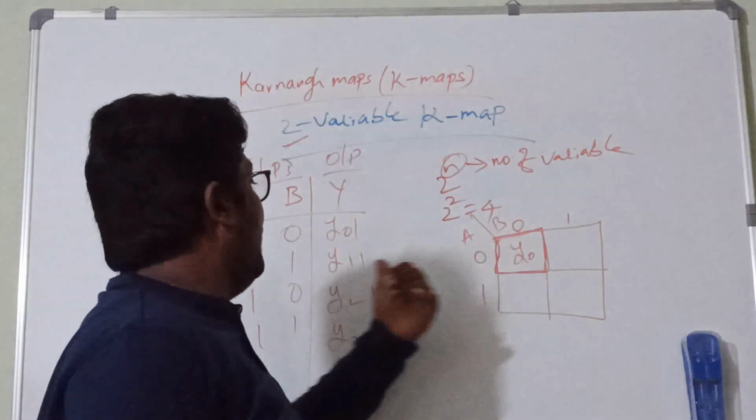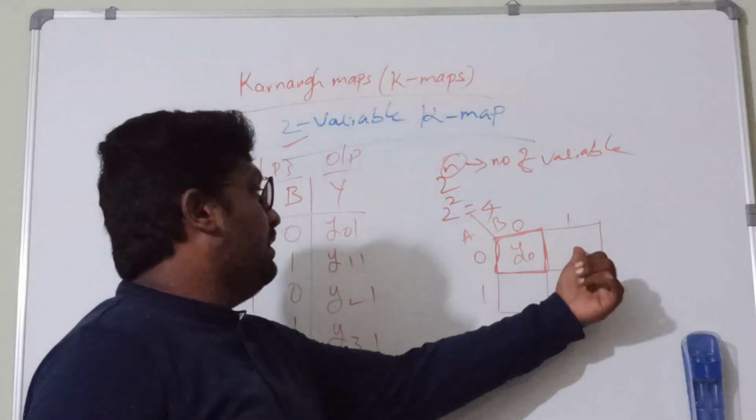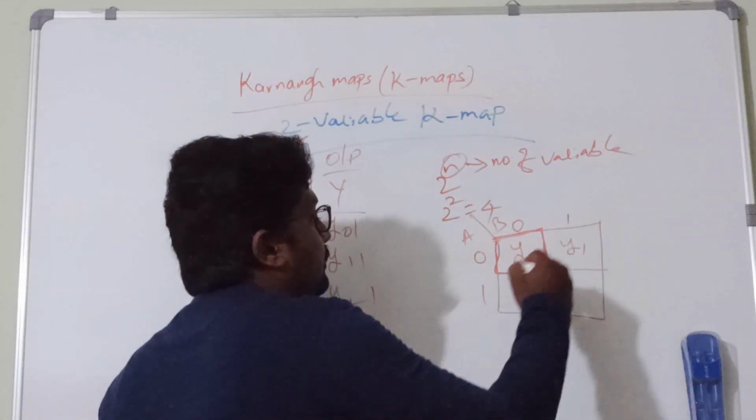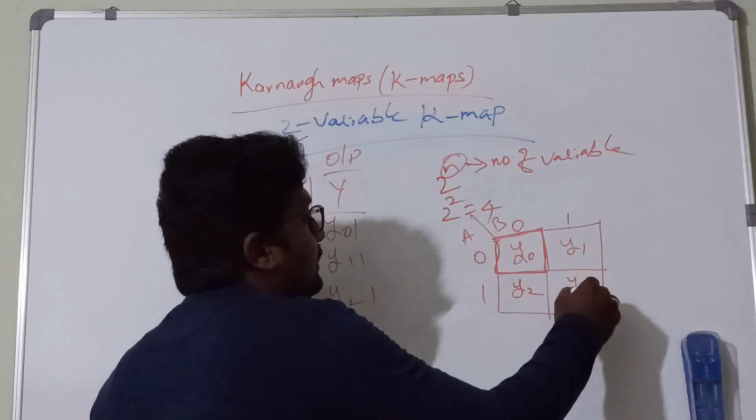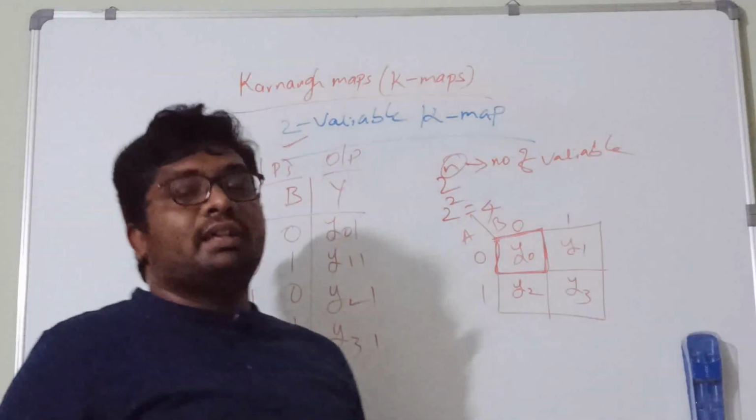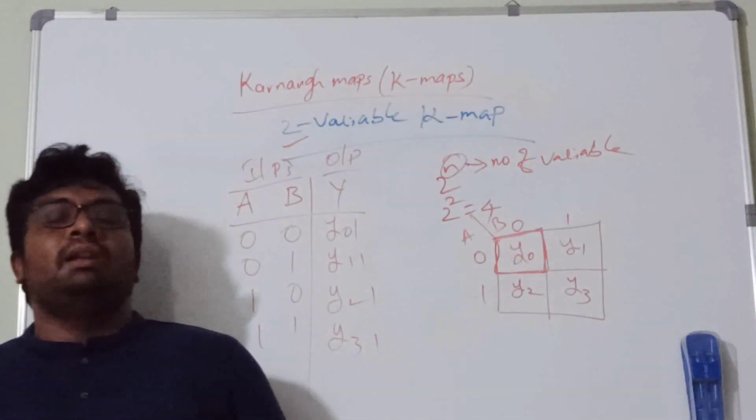In the same way, for 0 1 it is y1, this is y2 and this is y3. This is how we represent the 2 variable K-map.